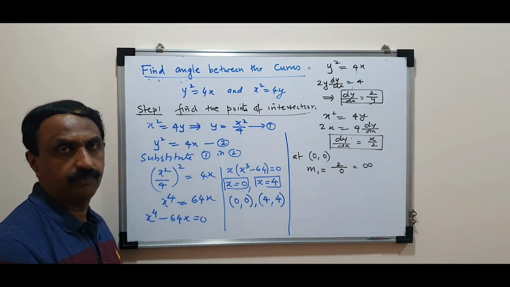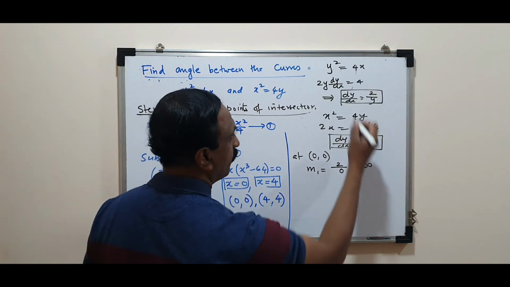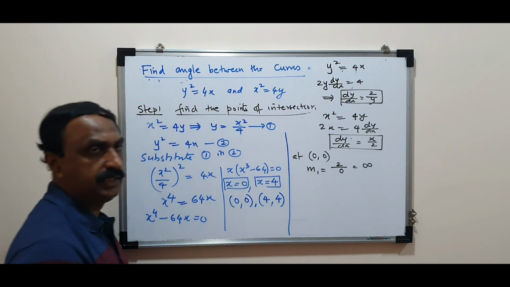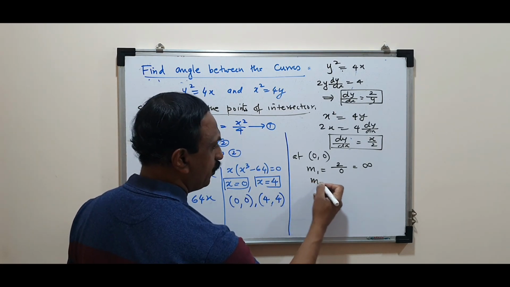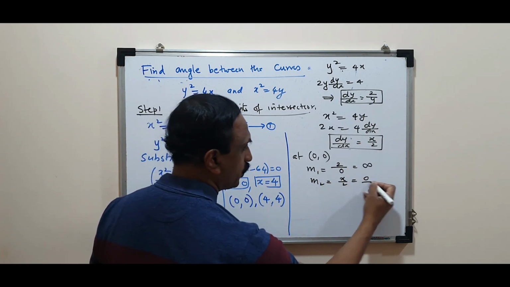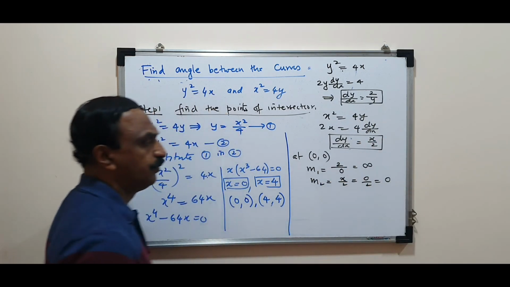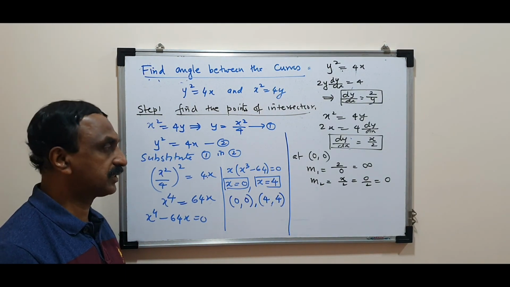What does that mean? The tangent is perpendicular to x-axis. So the first curve's tangent at (0, 0) is perpendicular to x-axis. And the second one's m2 is x by 2. So 0 by 2, that is also 0, which means the second tangent is parallel to x-axis.